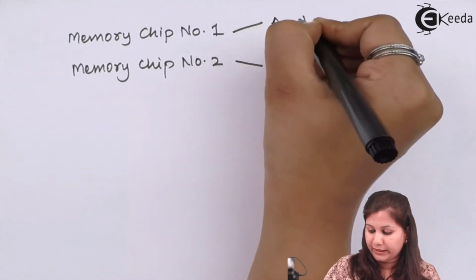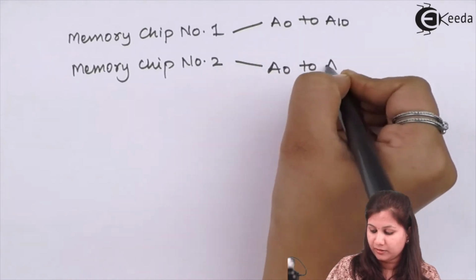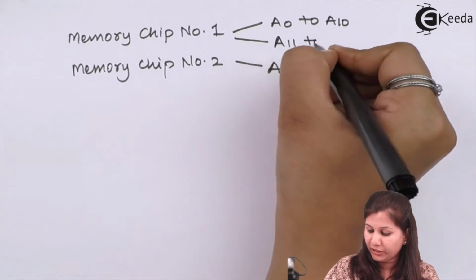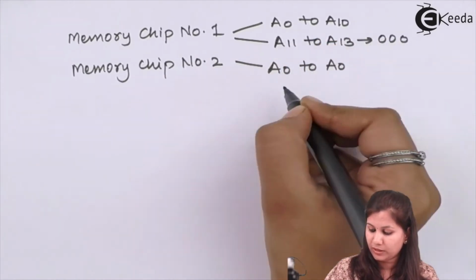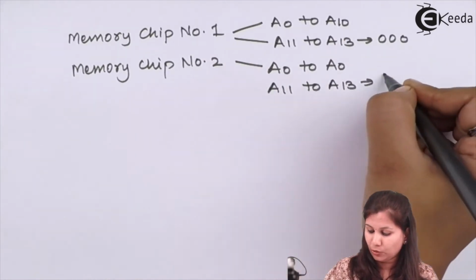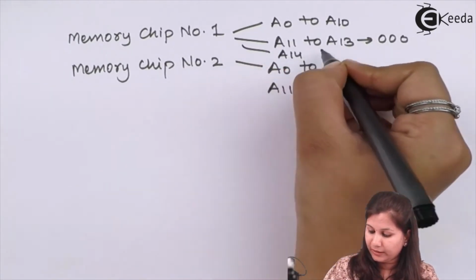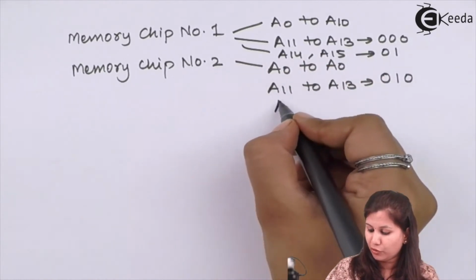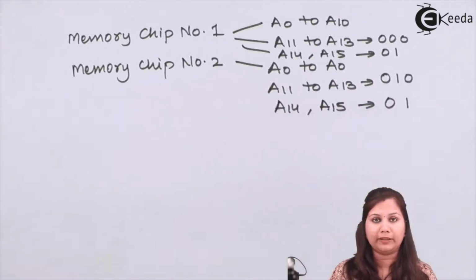A0 to A10 are used for addressing the memory chips. Then A11 to A13 are at logic 000 for chip 1, and for chip number 2, they are at logic 010. A14 and A15 are 0 and 1 here also.